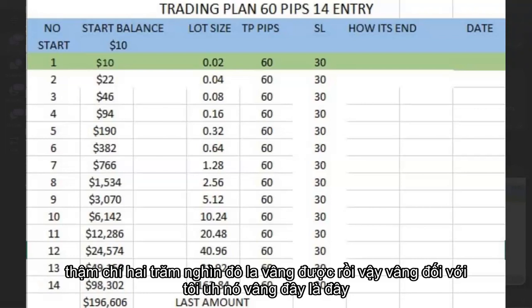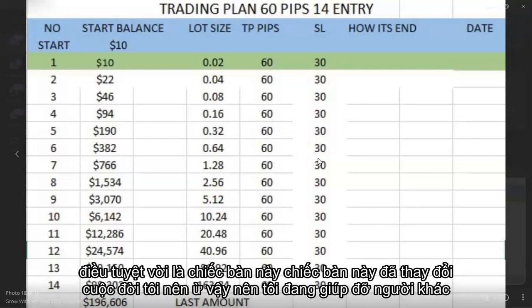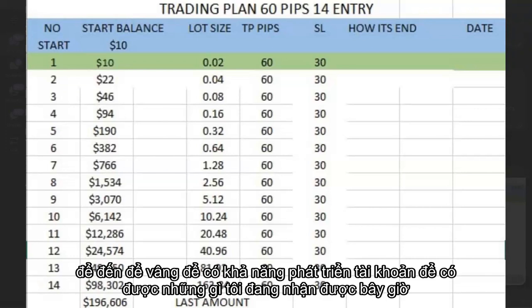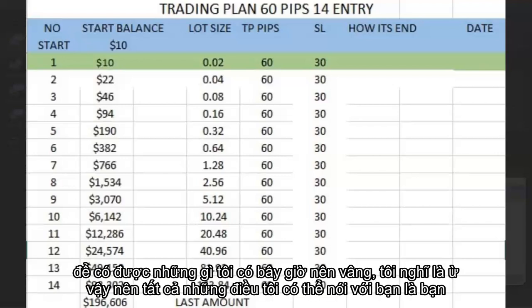For me, this is the golden thing. This table already changed my life. I'm helping others to have the ability to grow the account, to get what I have now.